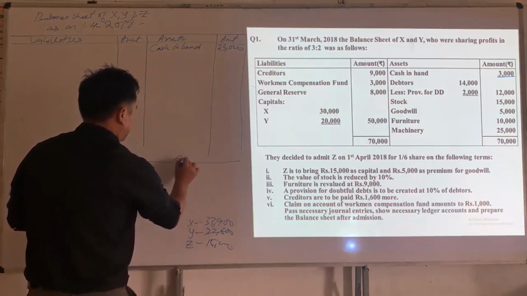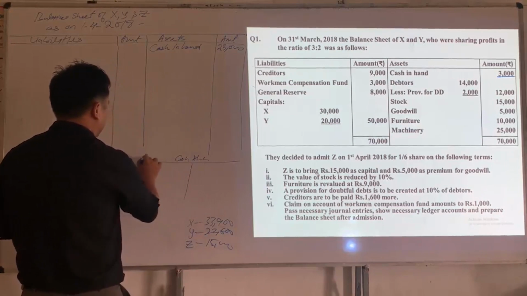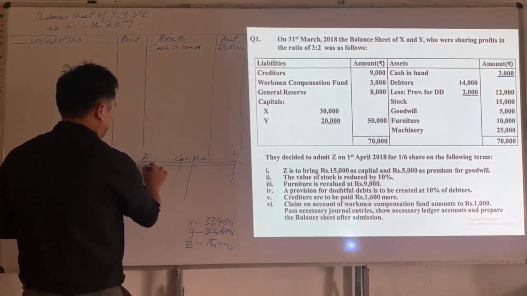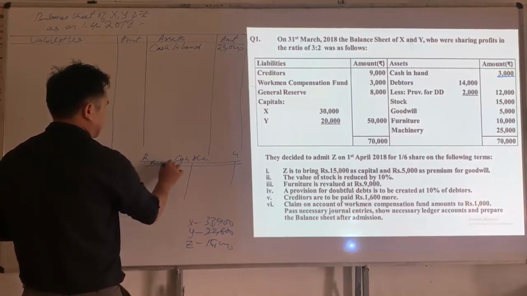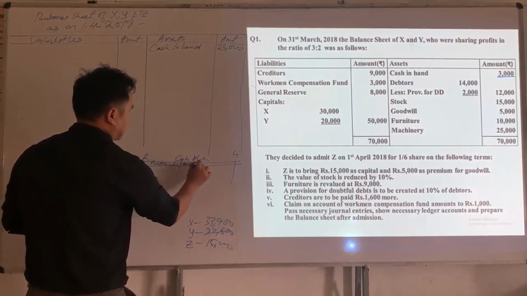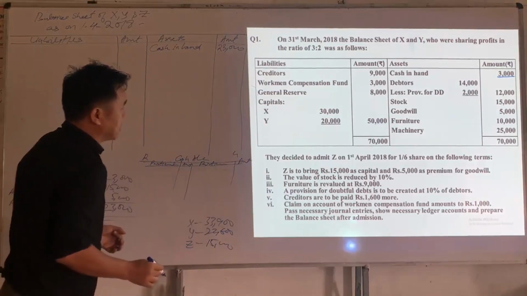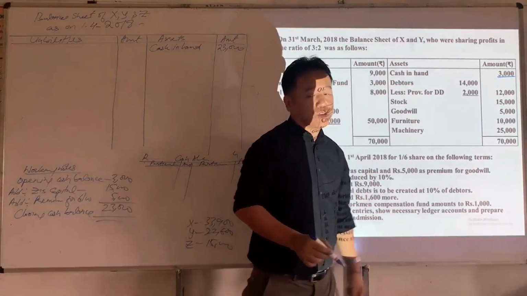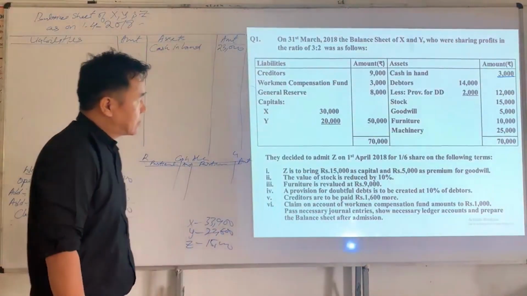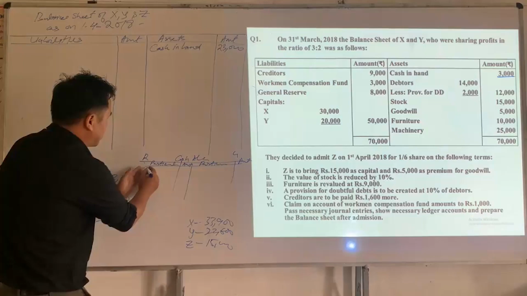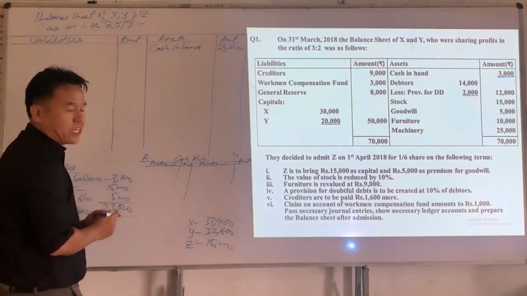Suppose we say cash account, DR, CR. Particulars, amount. Since cash in hand account shows a debit balance, the opening balance should be written on the debit side of our cash account.